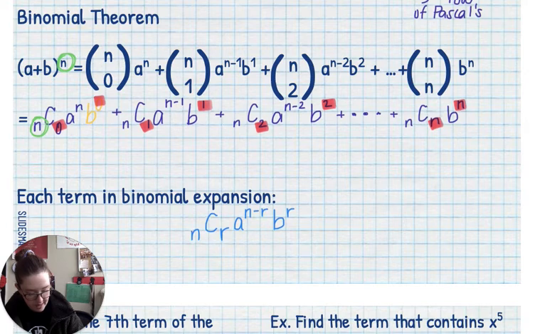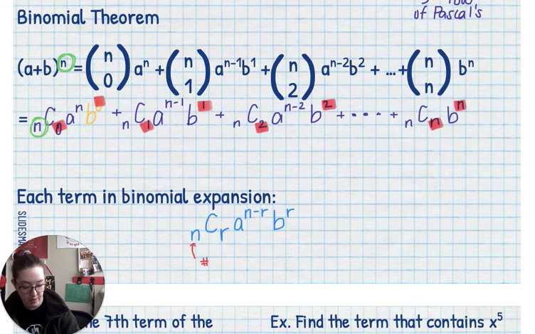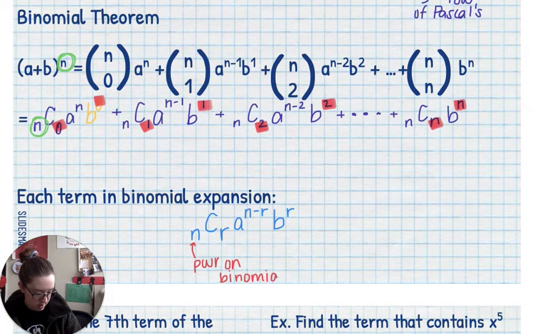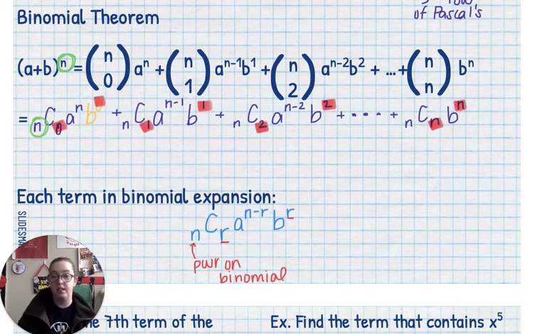So remember, n is the power on the binomial. This r and this r are the same r. Good deal. Okay.